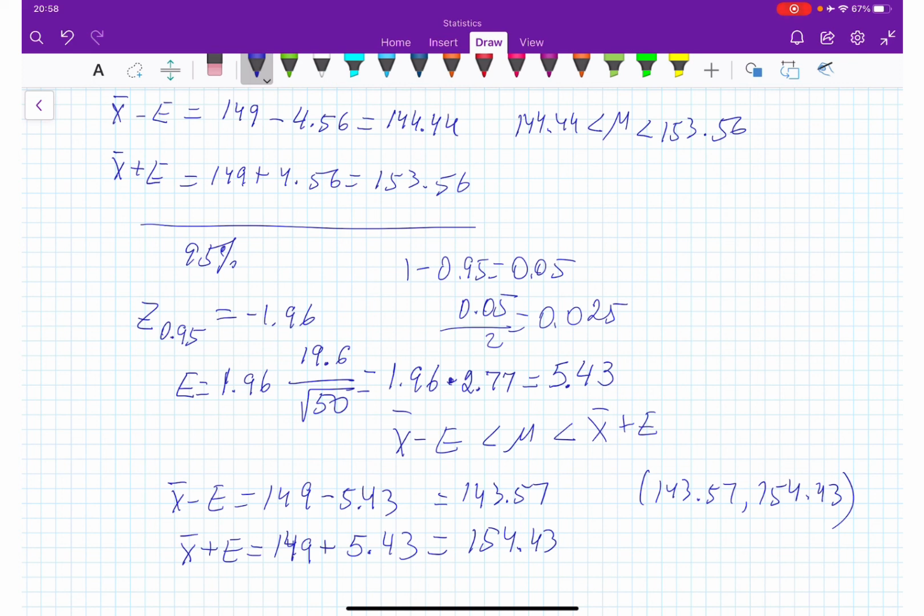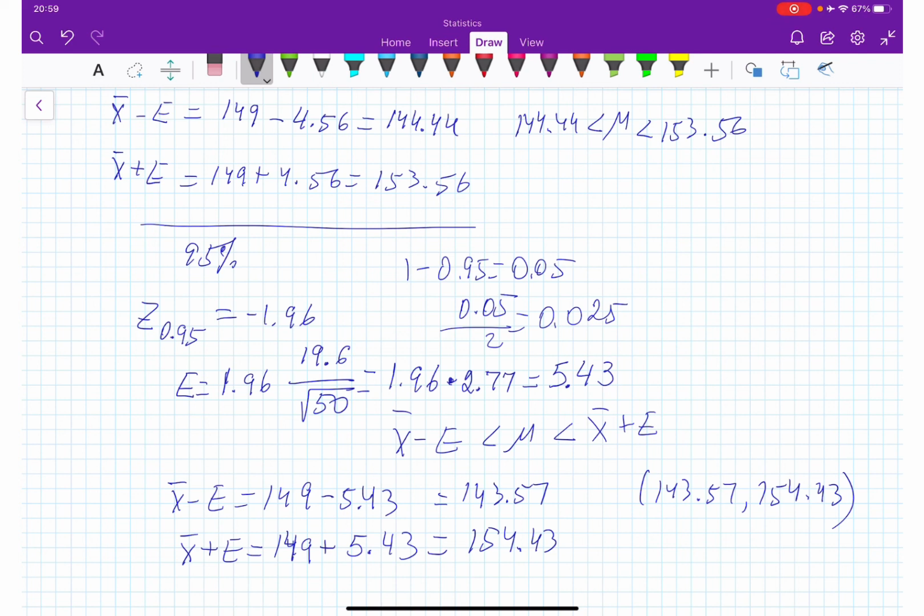So with this confidence interval, our mean is located within these values.